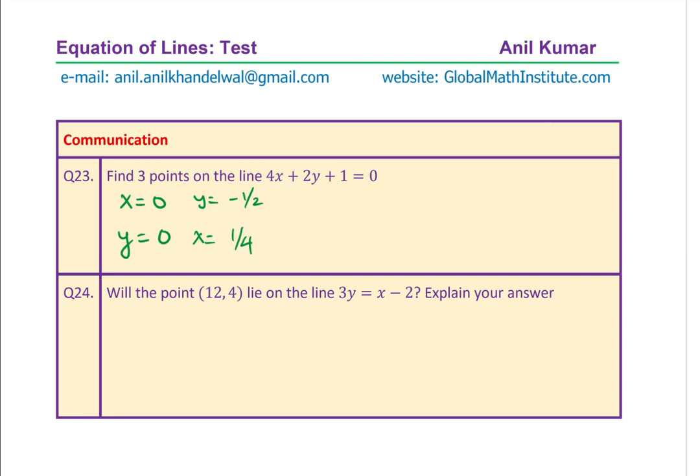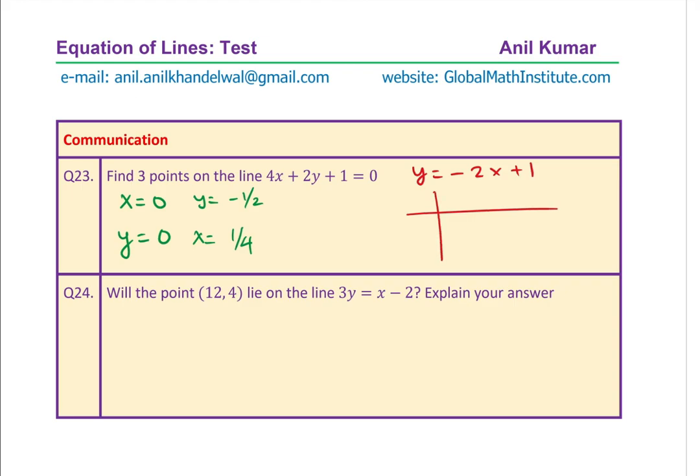And if you want any other point, just put an x value. Or another way could be, you could write this equation, isolate y, for example. So we could write this as y equals minus 4 divided by 2 is 2x, and we have plus 1. Now, using this equation, you can give different values to x and calculate y. Very easy. So you could get many points for that matter.